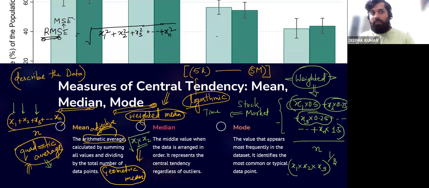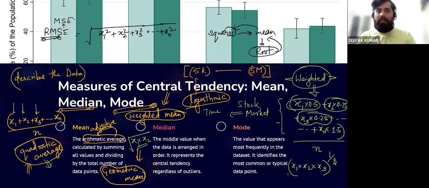So what you have done? You have taken the values, squared them, then taken the mean. Squared, take the mean, and then take the root, and read it as root mean square.